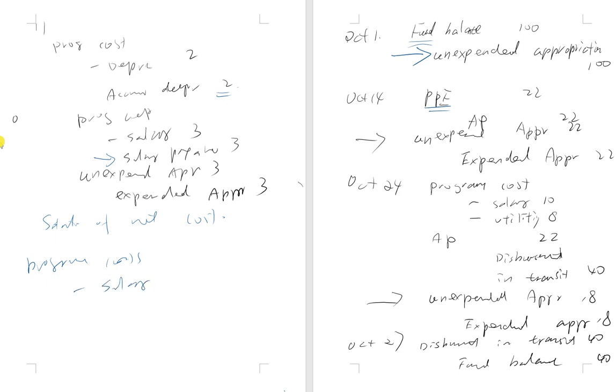Salary cost, we have right here $10 salary cost, plus we also accrued another 3, so that's 13.